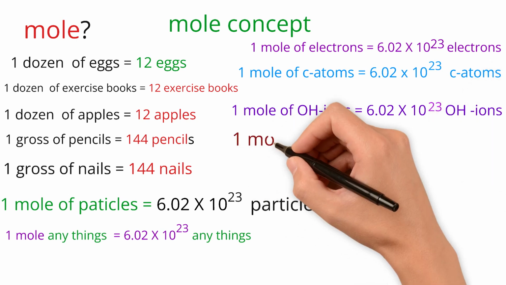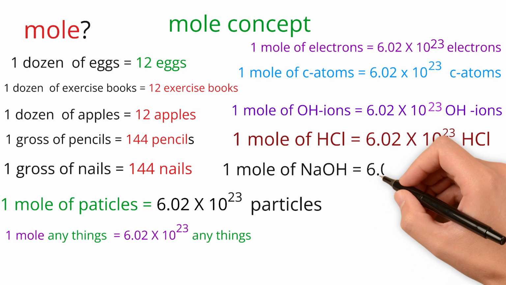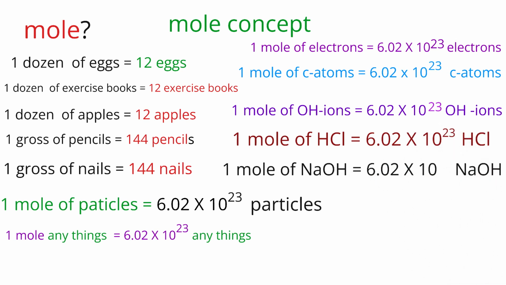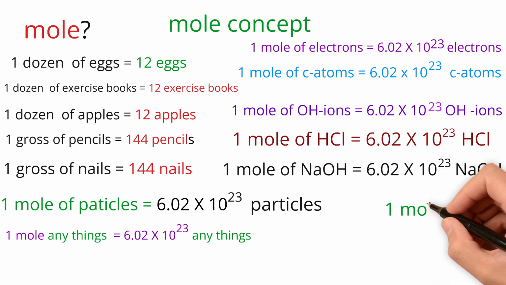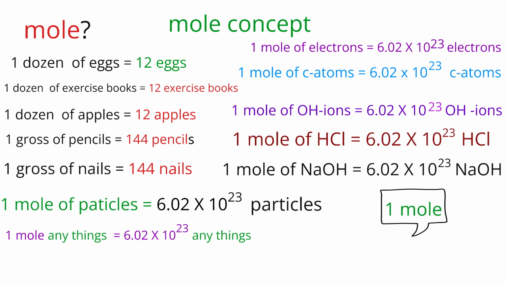In 1 mole of hydrogen chloride, there are 6.02 times 10 to the power of 23 hydrogen chloride. In 1 mole of sodium hydroxide, there are 6.02 times 10 to the power of 23 sodium hydroxide. 1 mole stands for 6.02 times 10 to the power of 23.